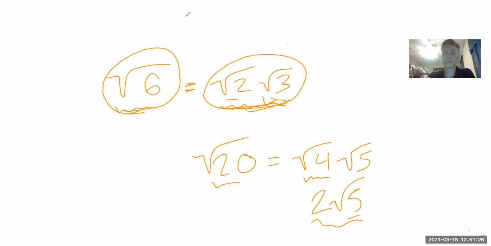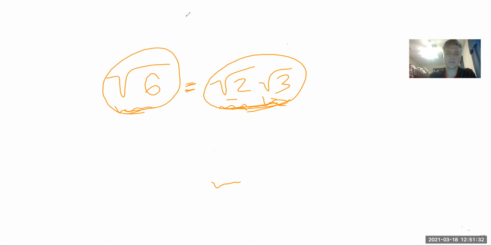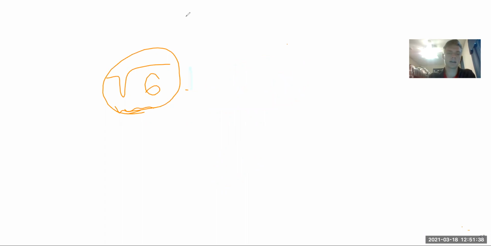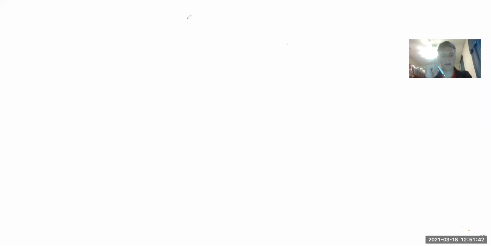That's just a quick, if that doesn't make sense, it's all right. It's something really nuanced that you're just looking for when they say simplify. Most of the time, simplifying means trying to get the radical down as small as you can. That's the idea. So if square root of 2 times square root of 3 is better for square root of 6, then go for it. But that's just a word of caution. Nuance, a little bit weird.